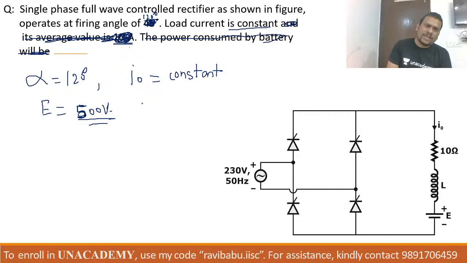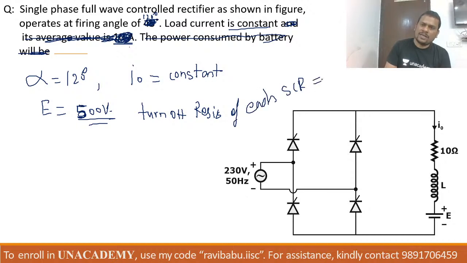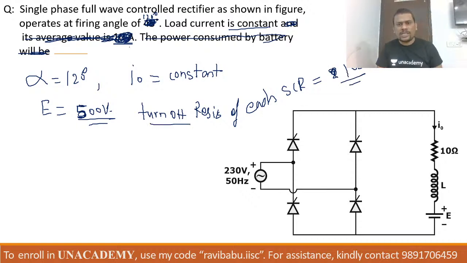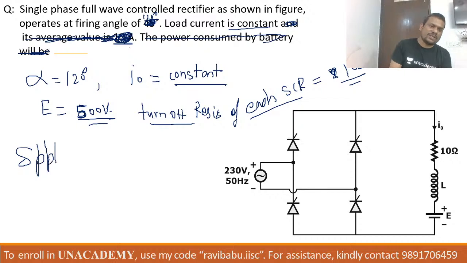The turn on resistance of each SCR is 1 ohm, and our I naught is constant. Then tell me the supply power factor.